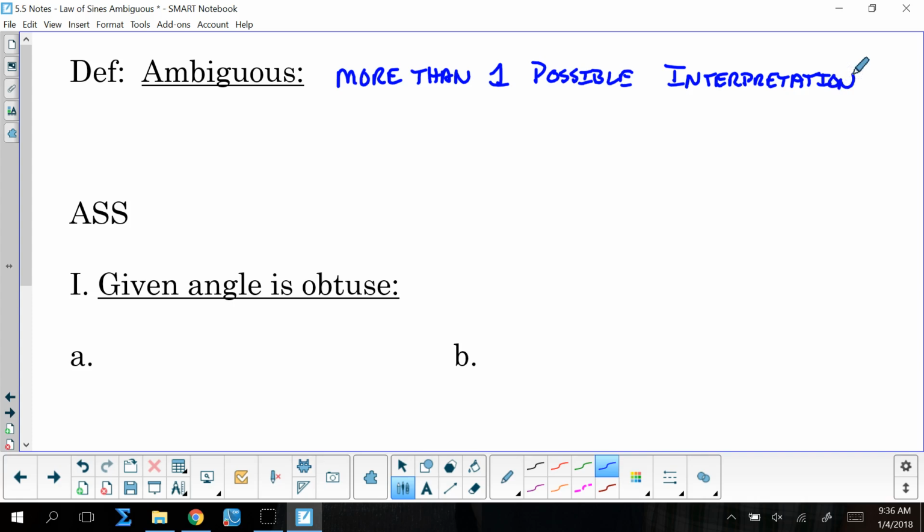Okay? So there's more than one outcome. Two or more meanings. It's ambiguous. Okay? So you have to do some specific type checks when you are dealing with an angle-side-side case.